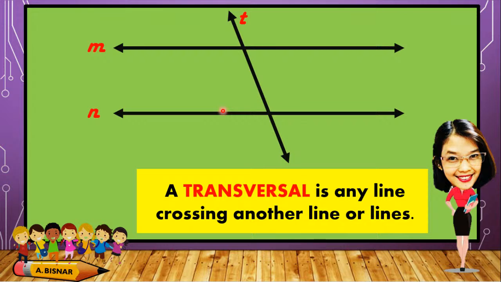Ibig sabihin, line T is not parallel to them kasi nagkaroon ng intersection point. Ito, dalawa. Ibig sabihin, si line T dumaan sa linya na ito, sa point na ito. Okay? So again, you have to remember that this is called as transversal line.